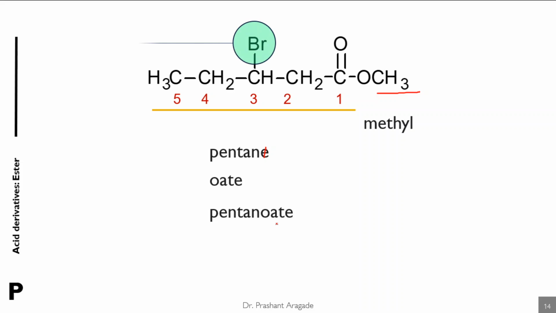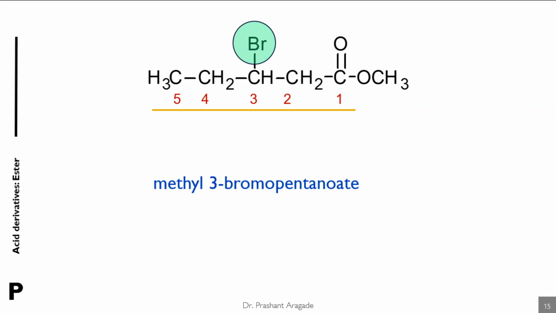Then find the substituent, and the substituent is a bromine group present at the third position, so the name is 3-bromopentanoate. Just attach the methyl name in front of alkanoate. Methyl 3-bromopentanoate is the name of this compound. Remember, here the space is present between alkyl and alkanoate.